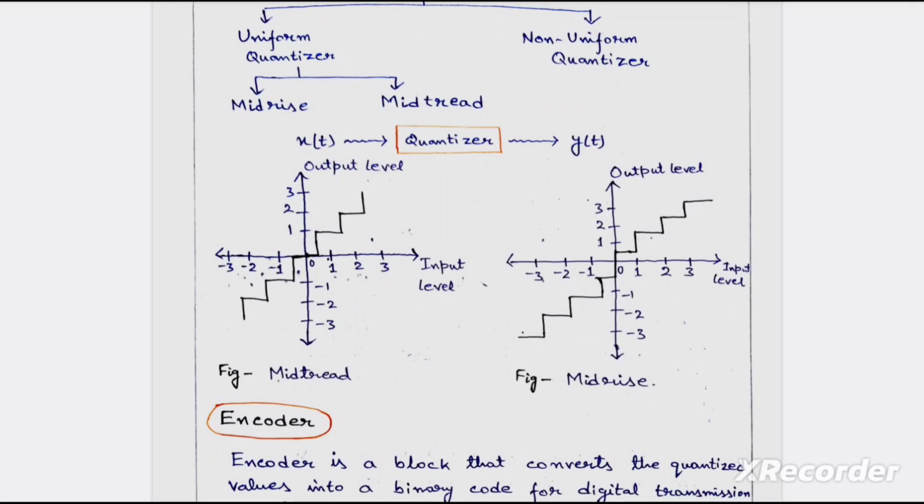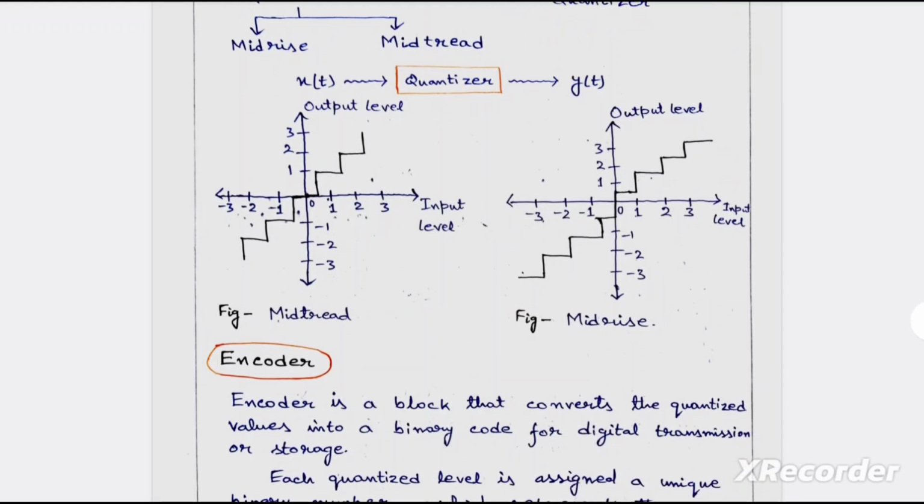It is called mid-tread because the origin lies in the middle of the tread of the staircase graph, as we can see very clearly. Similarly, the second graph, which we call mid-rise, is so called because the origin lies in the middle of the rising part of the staircase-like graph. So these are the two graphs.